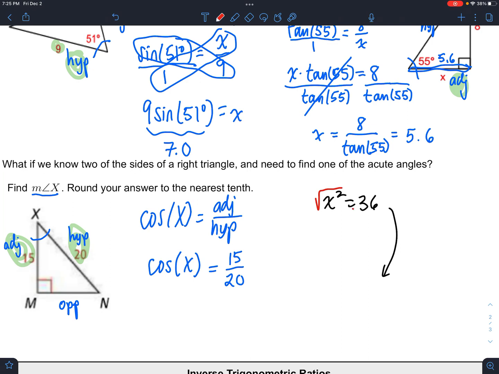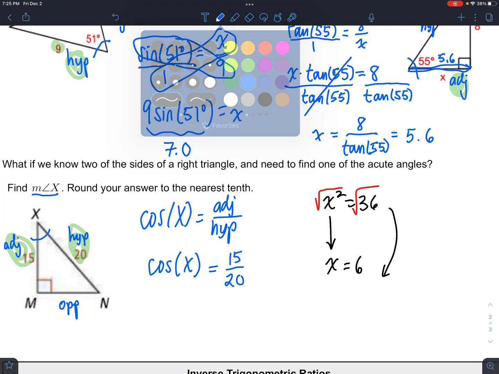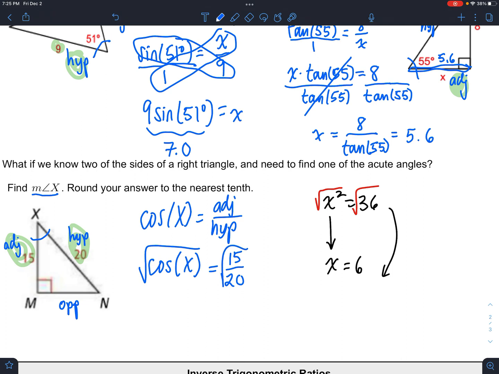So by taking the square root of both sides, this became just x and this was 6. So instead of square rooting both sides, we have to figure out a way to undo cosine, not undo the square function. So that's what cosine inverse is made for. And your calculator knows how to do cosine inverse.